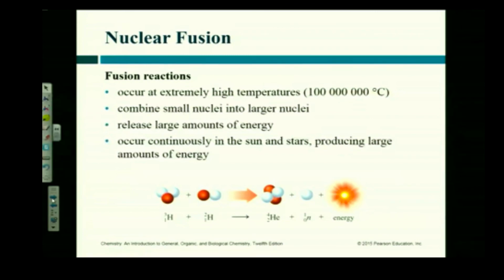Oh, yeah. If you could do this on Earth and control it, you would have unlimited amounts of energy. We've done it, but it takes us more energy to make it happen than we get back. So it's not very effective right now. Eventually, we'll probably be able to do this. Probably not in our lifetime, but one day, right?